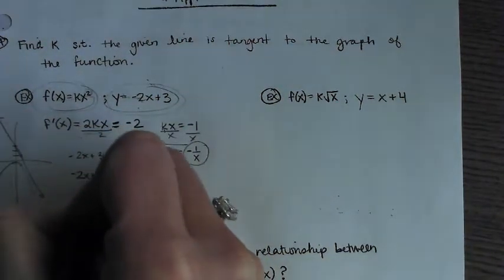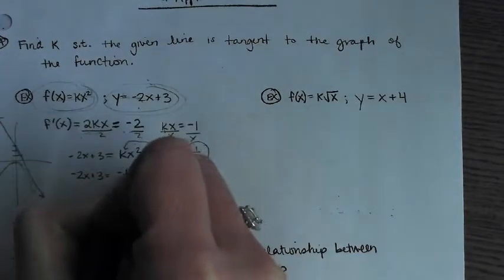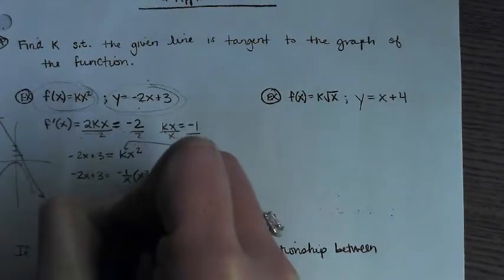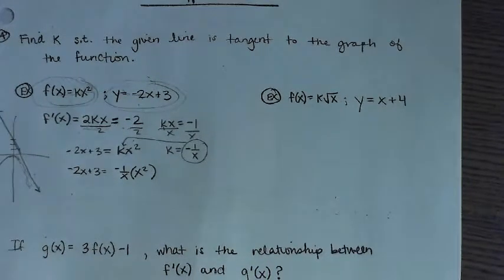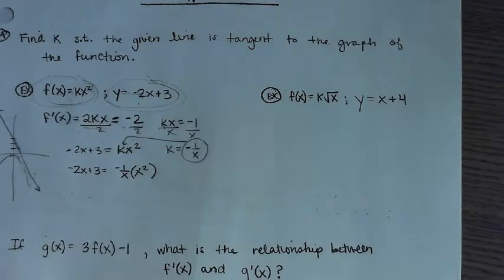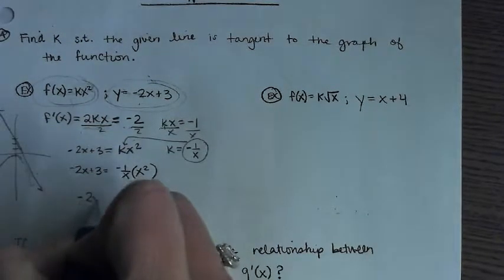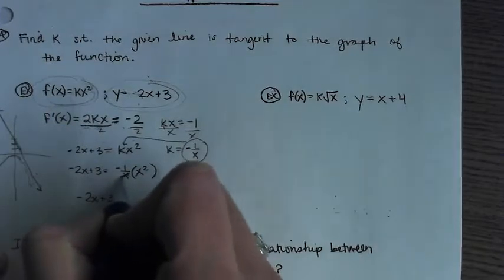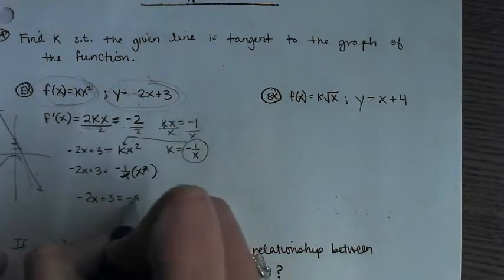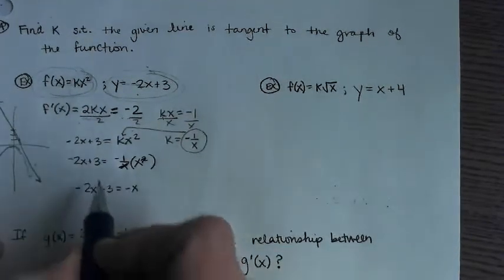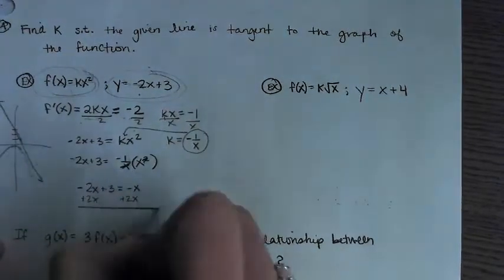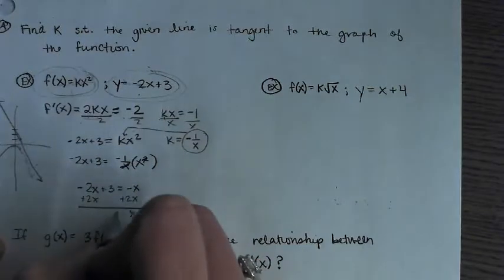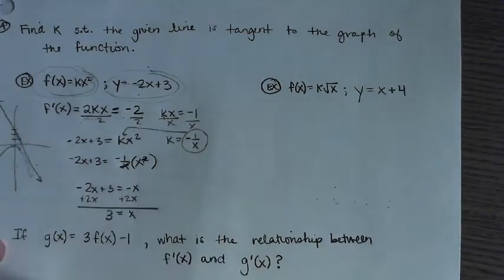Negative 2x plus 3 equals, I replaced my k with negative 1 over x, and x squared. Now if I solve for x, that x is going to cancel one of those, equals negative x. Add 2x to both sides. So x equals 3.